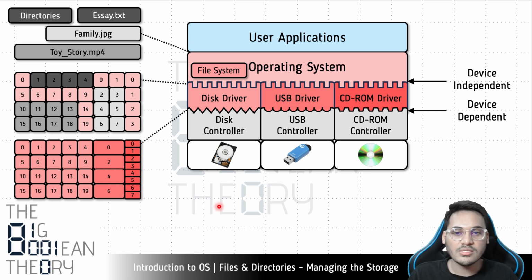Some other aspects related to the efficient usage of these storage devices is the performance. Reading or writing from these storage devices is a slow operation. So the operating system uses certain techniques that speed up the reads and writes. For speeding up the reads, there is a technique called caching. Certain blocks are more popular, or more frequently accessed, compared to other blocks.